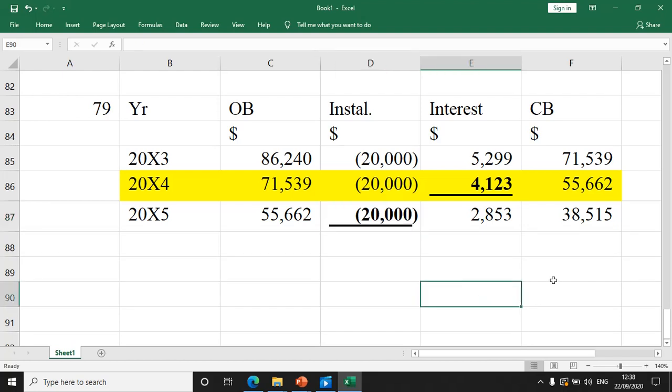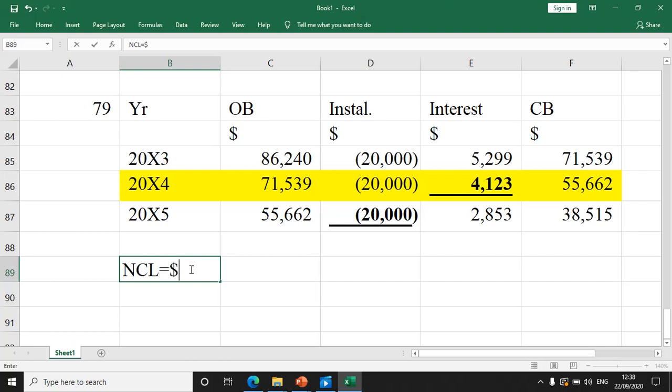All right, and then finally the non-current liability. Since my formula was a bit simplistic, I'll say 55. Remember, it was the total liability minus the current obligation, 20,000. I hope that you can see that.